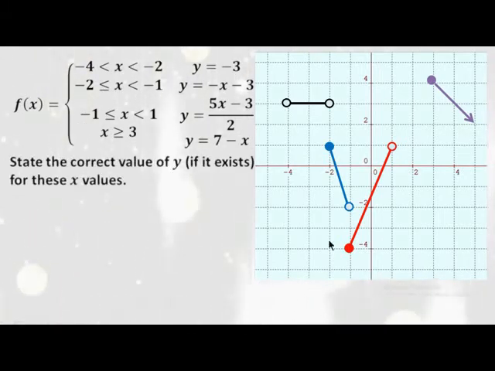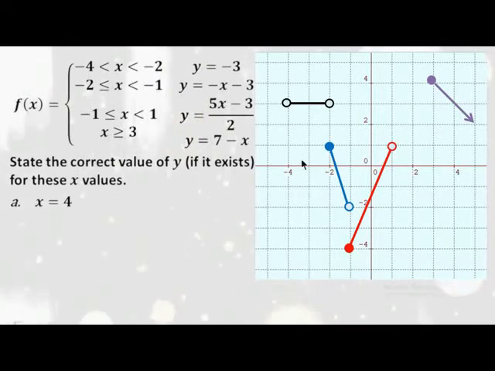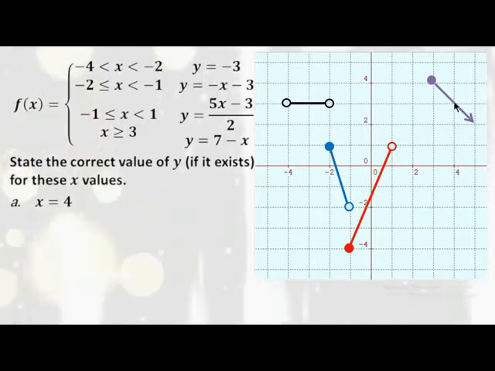Okay, based on this one, state the correct value of y if it exists for these x values. The first one, for x equal to 4, we're going to find the value of y. For x equal to 4, we make a straight line and it will touch this equation.